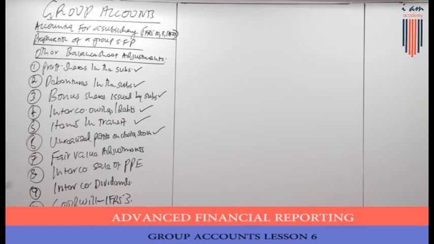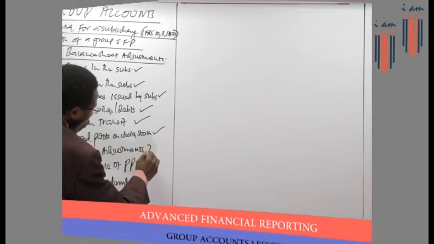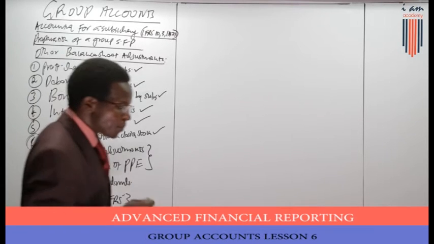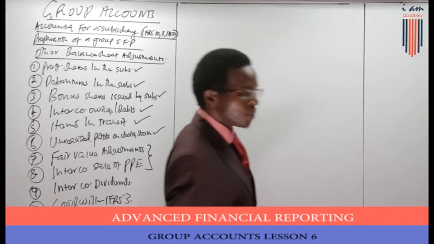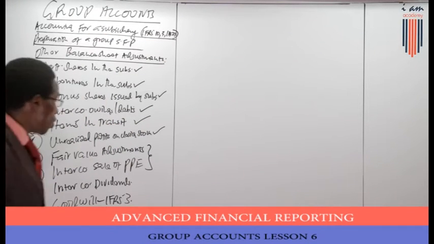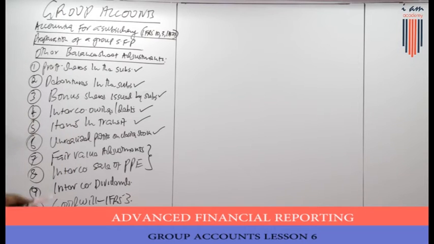So those are some of the items we'll be looking at. But for today's session, we are going to look at the 2 items, the fair value adjustment and the intercompany sale of PPE, and we do an illustration.